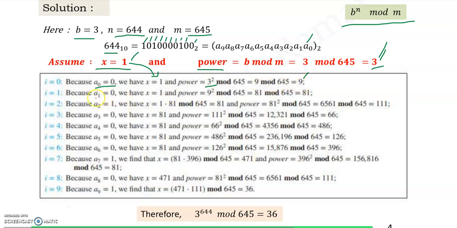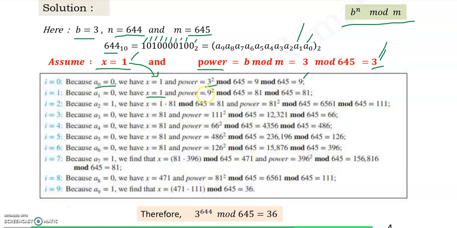Now what is the second one? A1 is equal to 0. See, this value is a1, the second value. A1 is representing 0. Again I am telling, if this value is 0, you have to take the previous x value. See here, x is equal to 1, so I am taking the same. But the power you have to calculate every time.